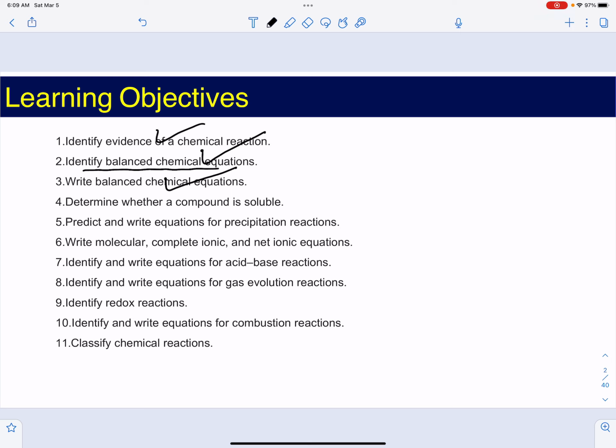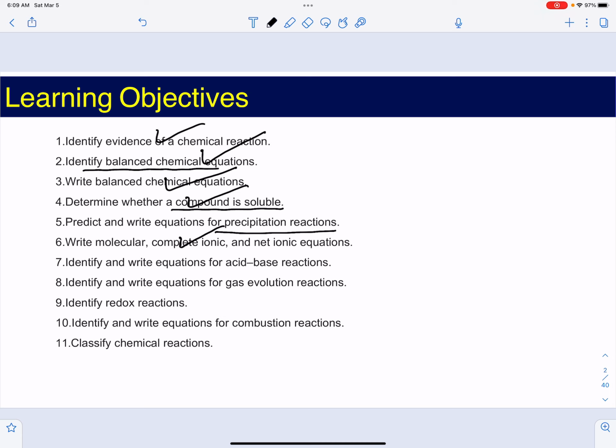Once we identify if the chemical equation is balanced or not, then we're gonna learn about solubility of compounds so we can start working on a specific type of reactions like precipitation reactions, which is what we're gonna be doing at that point once we know about solubility. And to do that, we're gonna have to be able to write the complete ionic equation, basically break the compounds into the ions.